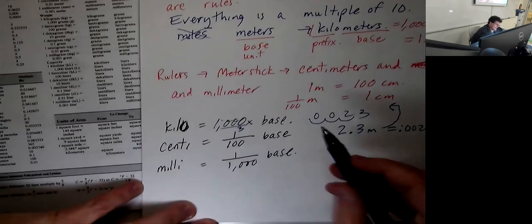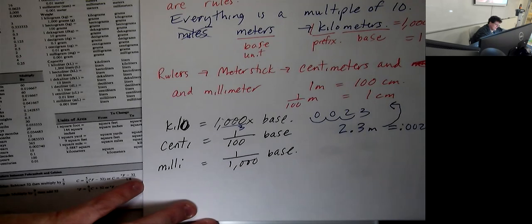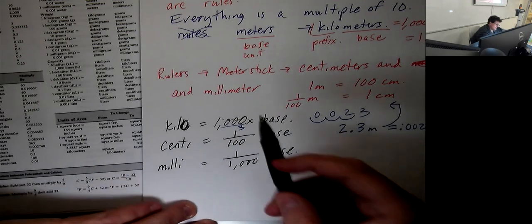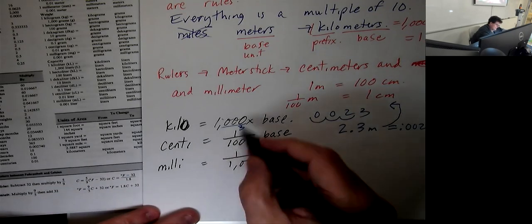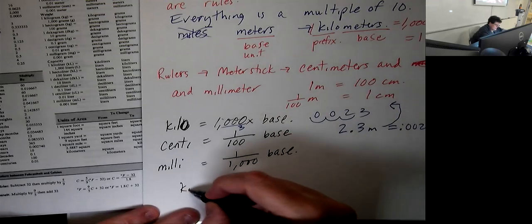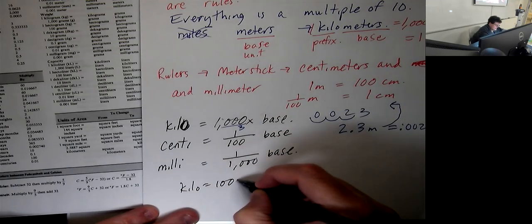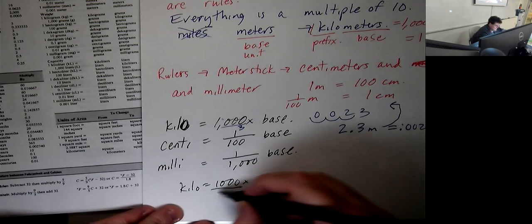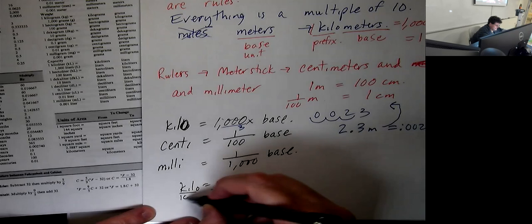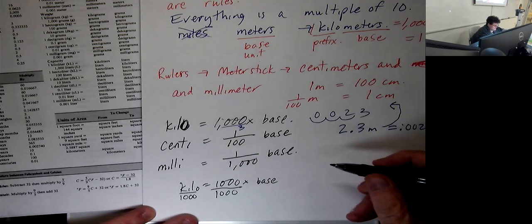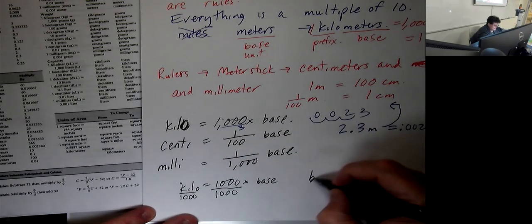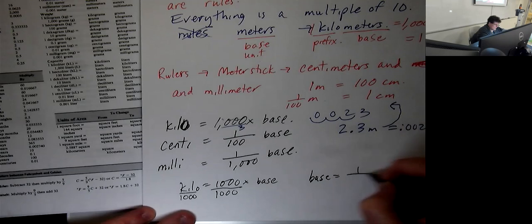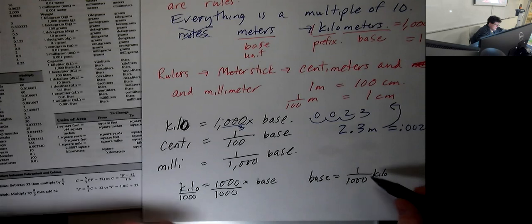The other way of figuring it out is to rewrite these as the base. If I've got kilo equals 1,000 times the base, I can get base by itself if I just divide both sides by 1,000. So base is 1/1000 kilo. The same thing happens with centi.